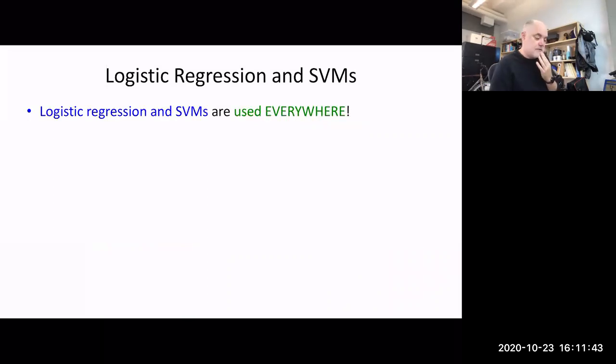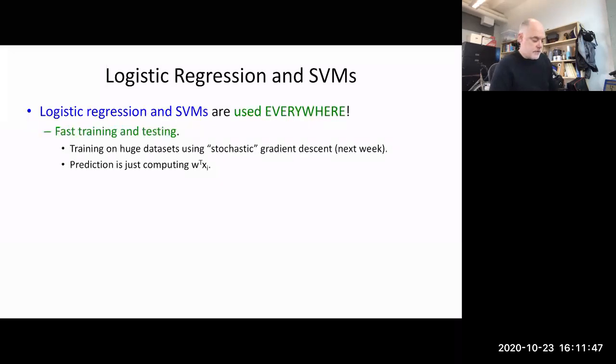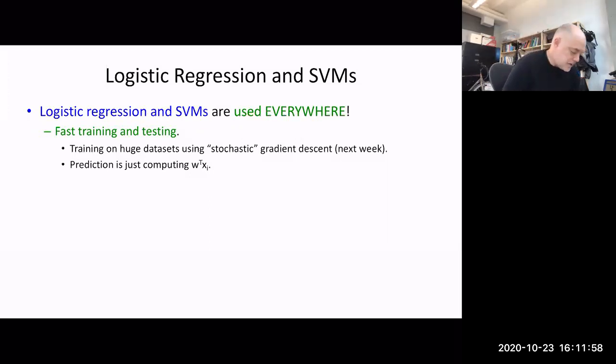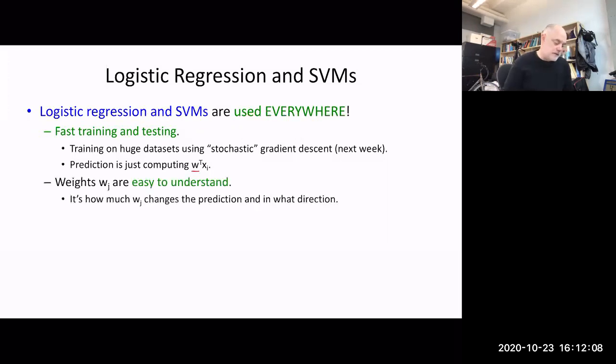And now we have logistic regression and support vector machines, and they're used everywhere. They're super fast for training and super fast at test time. You can train them on huge data sets using stochastic gradient descent, in particular logistic regression. And prediction is very simple: you just take a dot product of your weight vector with the feature vector for the incoming instance.